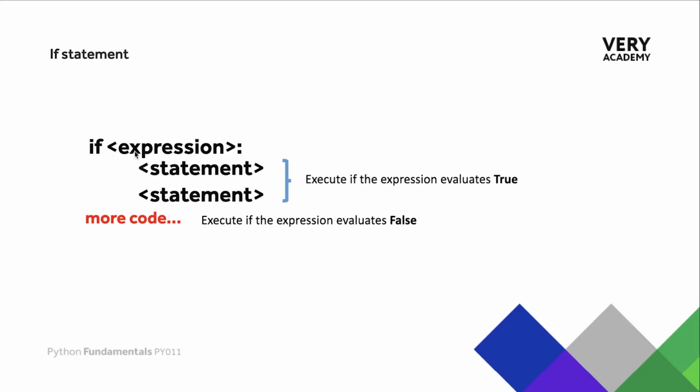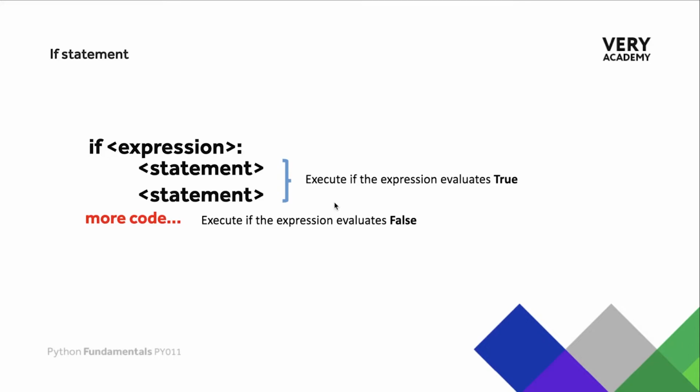Now, if this expression returns false, then we just continue. Python will just move down to the next line that isn't indented and read the code. Once we have executed the statements inside of our if statement, Python will just continue on the next line of code, which is part of the application.